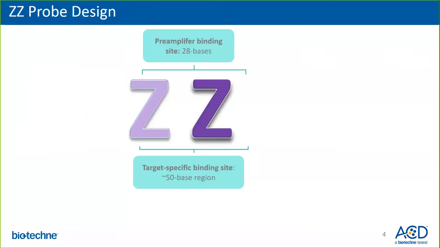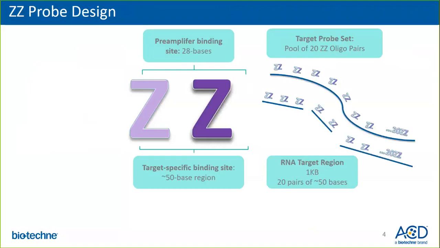The upper regions of the two Z molecules now form about a 28 base pre-amplifier binding region. This is important for signal amplification to occur. For each RNA, a pool of about 20 double-Z target probe pairs spanning about 1,000 bases along the target molecule are designed to specifically hybridize to the target molecule, as shown in the next picture.